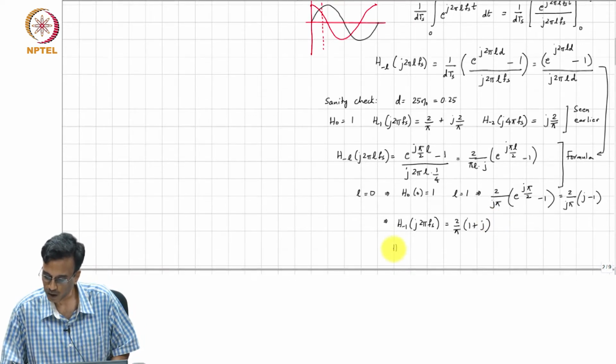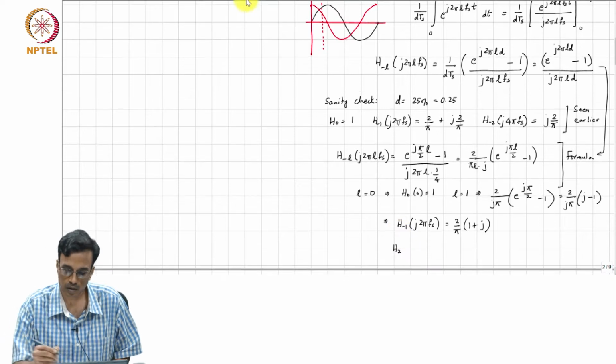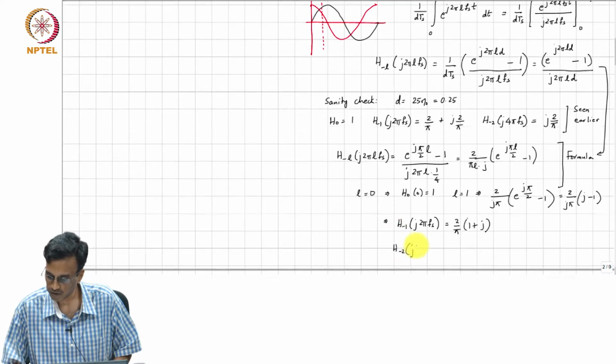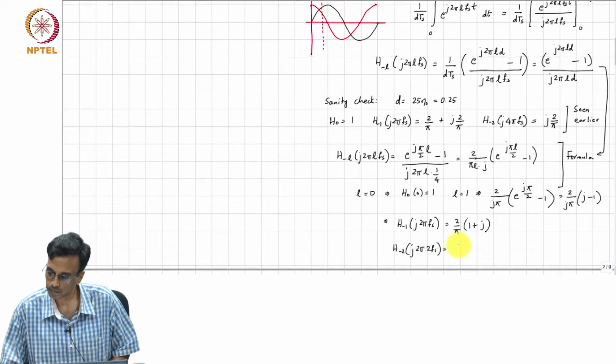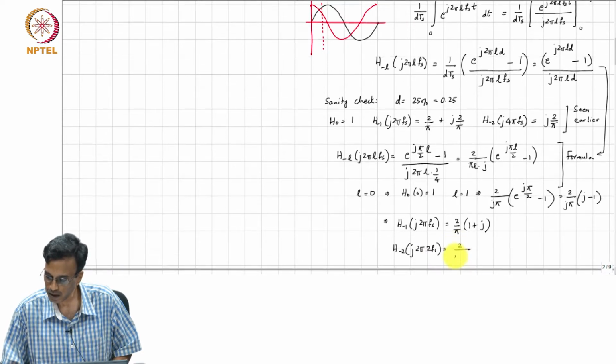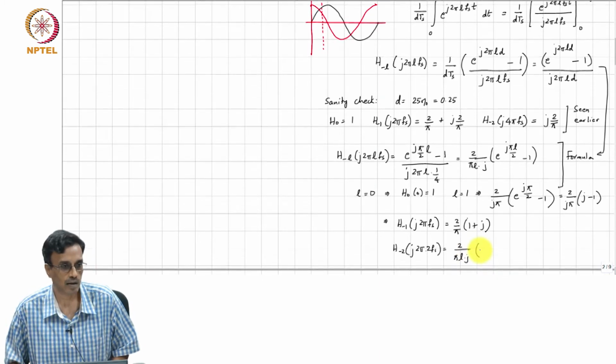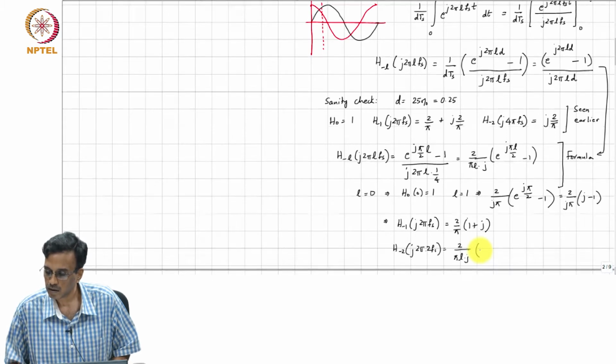Similarly, h minus 2 of j 2 pi f s, or j 2 pi times 2 f s, is nothing but 2 by pi L times j, right, times, L becomes 2, e to the j pi becomes e to the j pi.